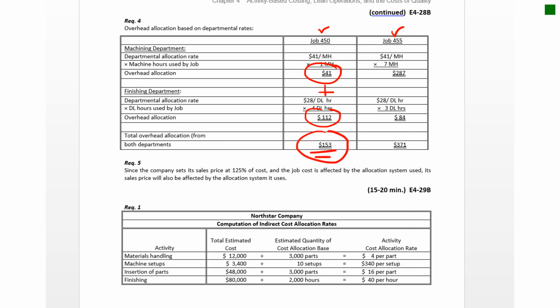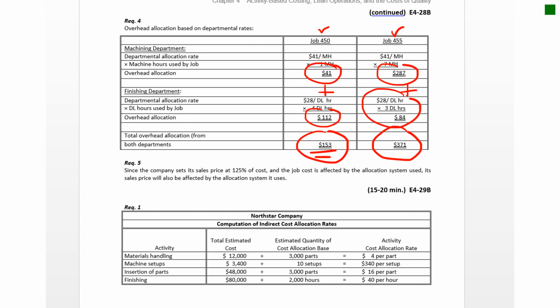For job 455, again, it's 7 machine hours times 41. You get 287. It only had 3 direct labor hours times 28. That makes it 84. You add those together, you get total allocation of 371. You can see how already you're getting different overhead allocations using the departmental rates.